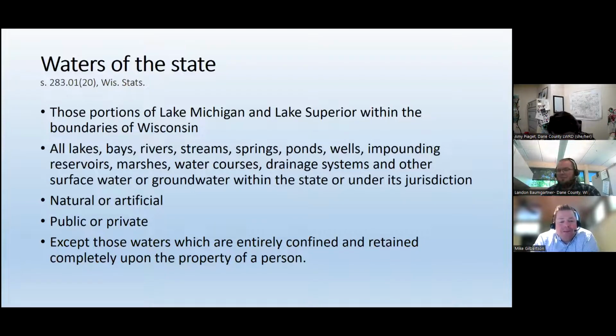Those kinds of things would come into play. So yes, I would say surface water data viewer is probably the main one we would use. But like I said, it's the first cut, and only if it's clearly obvious would we probably make a determination from that. But definitely have to go further in those smaller gray area ones.